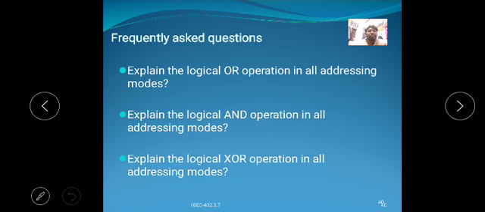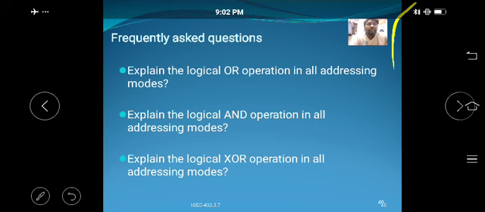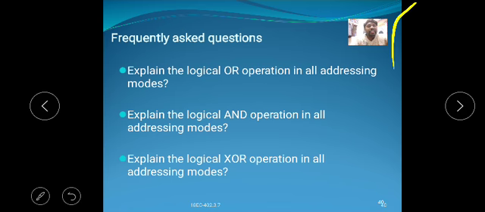Frequently asked questions: explain the logical OR operation in all addressing modes, explain the logical AND operation in all addressing modes, and explain the logical XOR operation in all addressing modes.